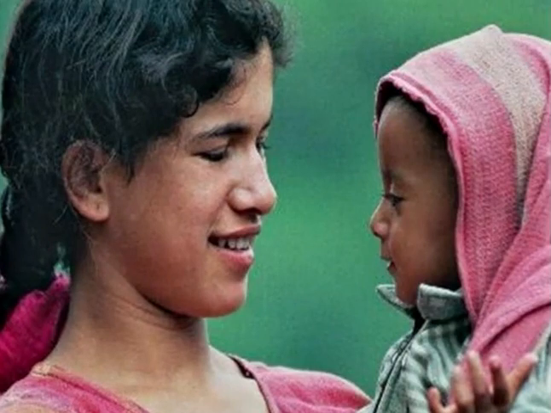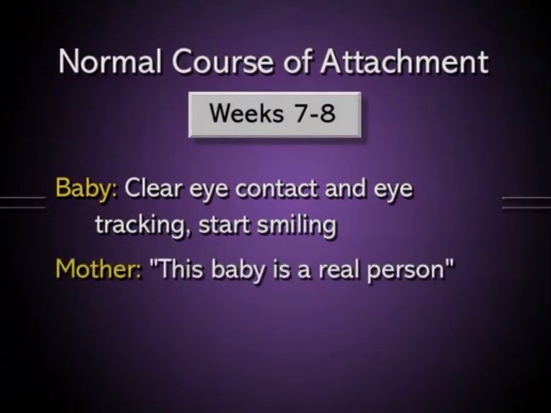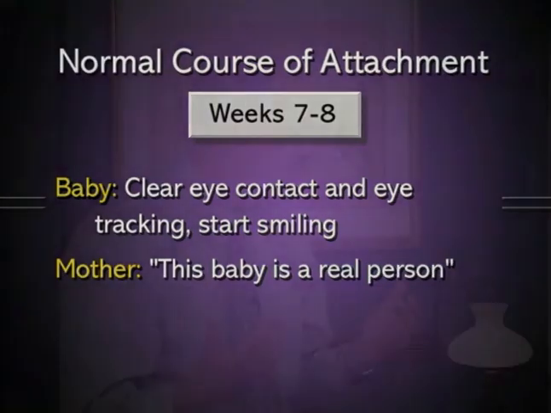And surprise, surprise, at 7 to 8 weeks, mothers report, this baby is a real person. I love this baby. So at the time that this happens from the baby, the mothers now get excited and life becomes better. They say, my baby's a real person, my baby knows me, he's a lot of fun.